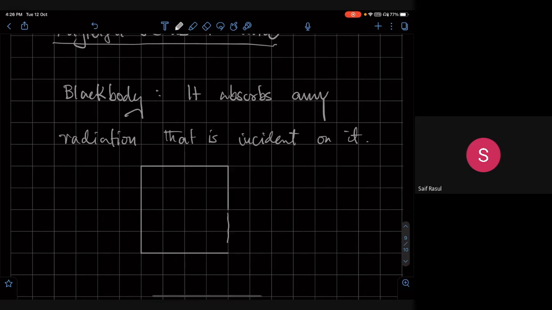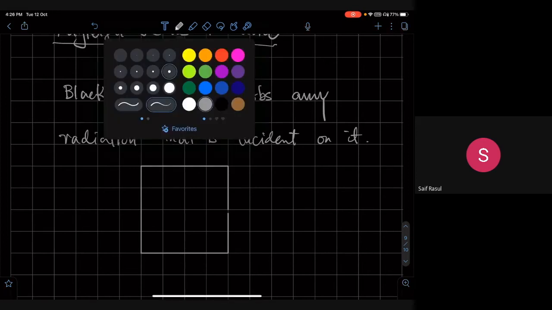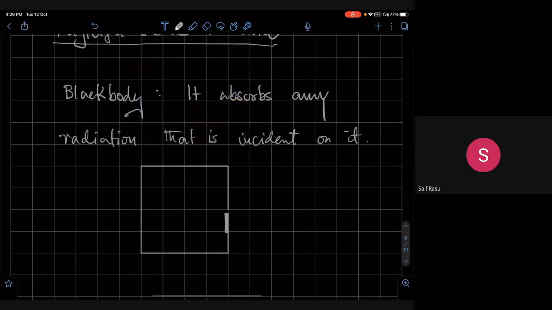I'm going to use a thick pen to emphasize that the walls of the chamber have some width. Of course, this is a cutaway diagram. So this is a chamber.